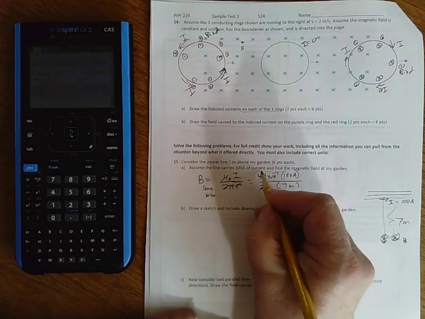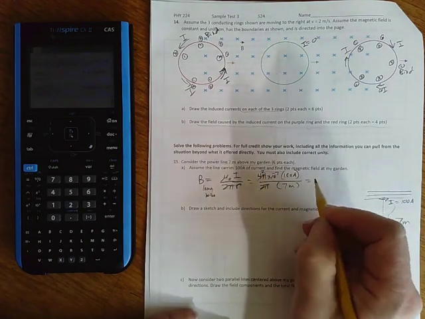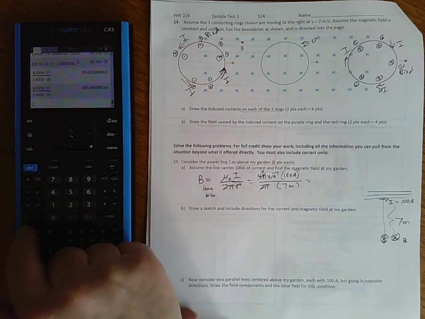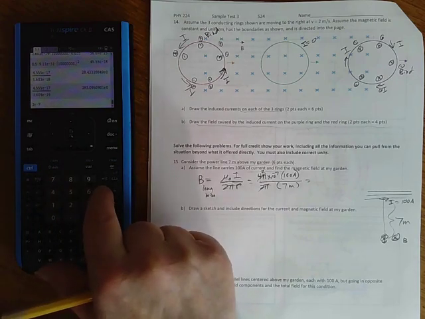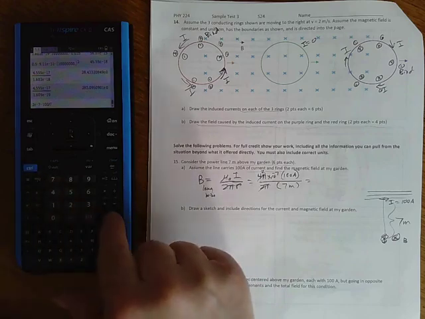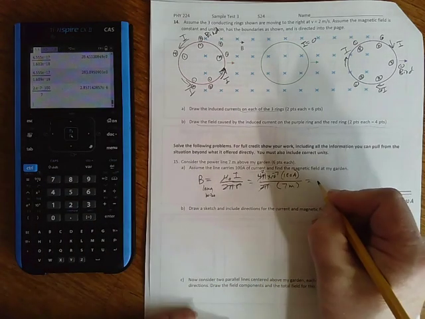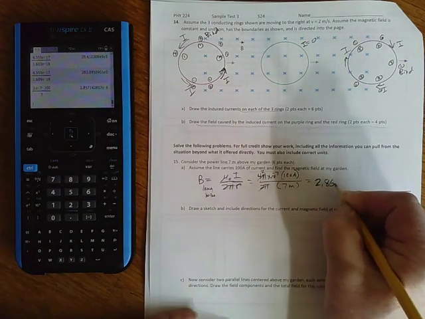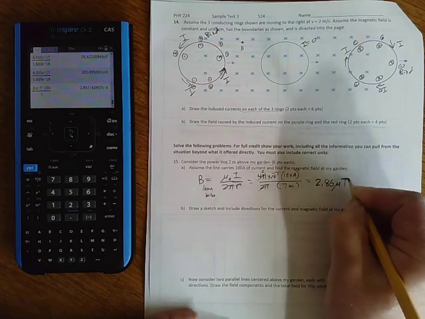The 2π cancels with the 4π, we get a 2 left over. So we get 2 times 10 to the negative 7 times 100 divided by 7. That's 2.86 microteslas.